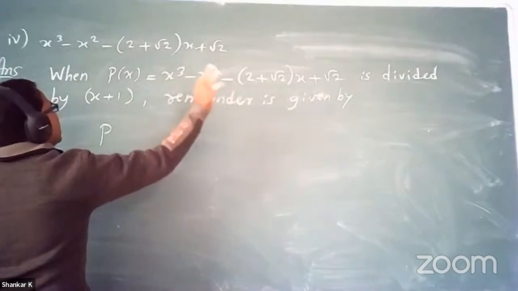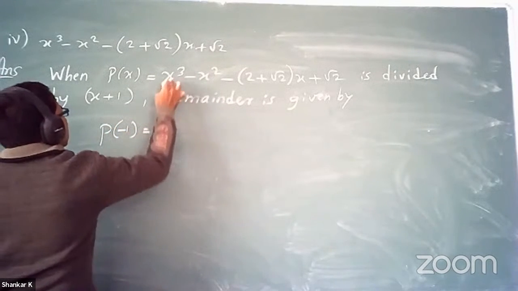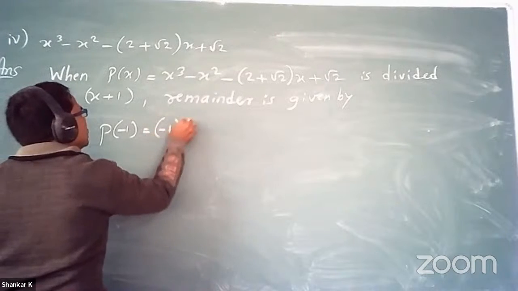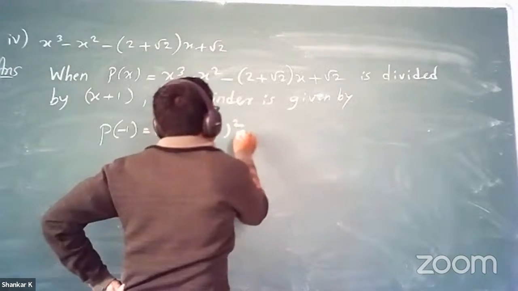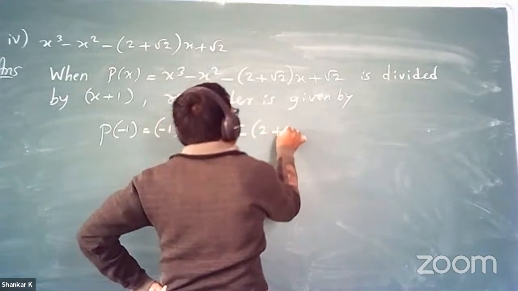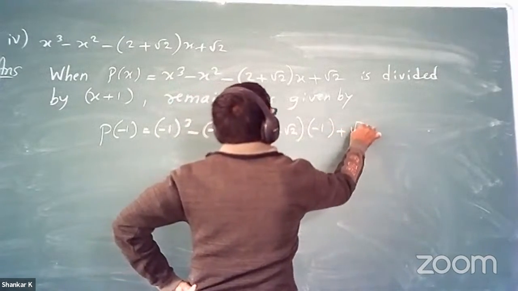That is, we directly calculate p of minus 1. So put minus 1 here: minus 1 cube, minus 1 square, minus (2 plus square root of 2) into minus 1, plus square root of 2.